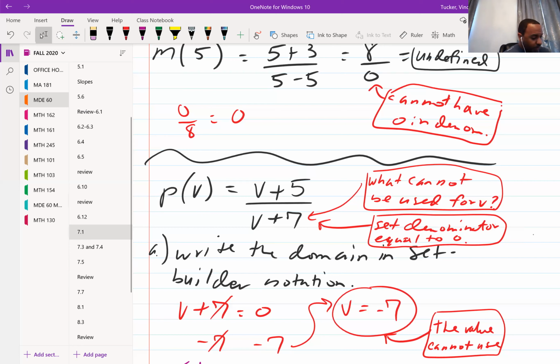So we have v plus 7 in our denominator. We want to know when our denominator is equal to 0. So we set it equal to 0 and solve it. And we notice that v is equal to negative 7. That negative 7 is the value that we cannot use, because it would give us 0 in our denominator.